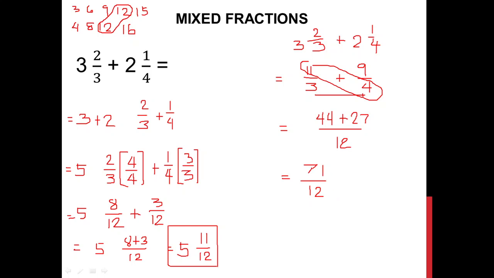Okay, so all we need to do is to make this one a mixed fraction. So let's divide the numerator by its denominator.